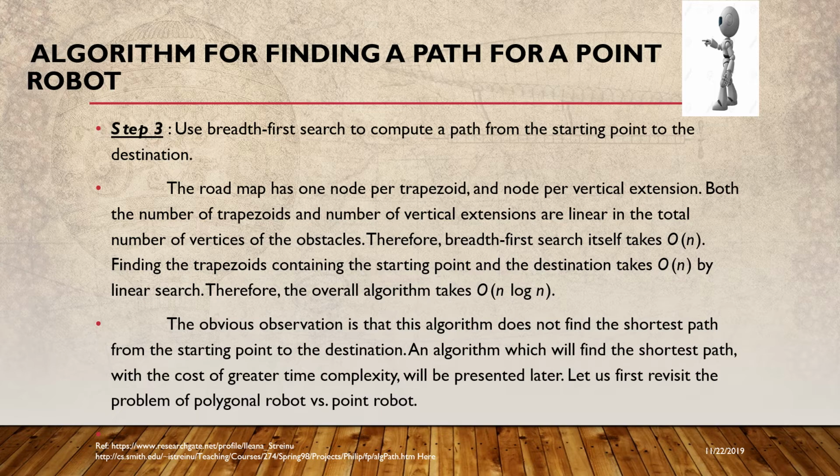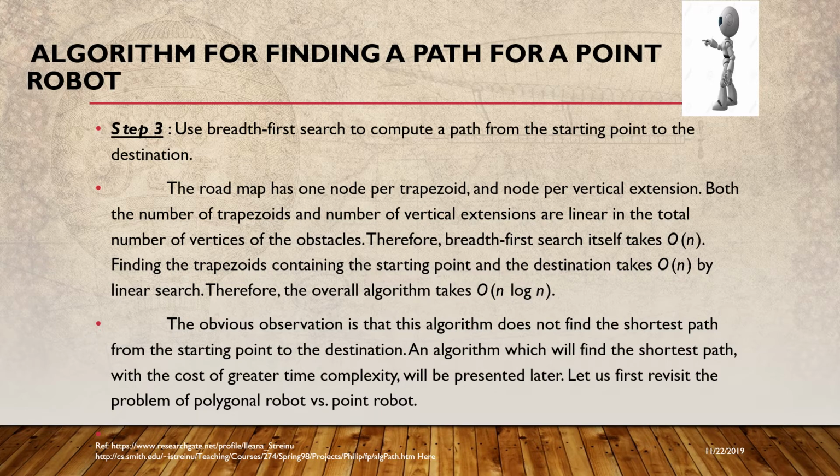Next is step 3. We use breadth first search to compute the path from the starting point to the destination. The road map has one node per trapezoid and one node per vertical extension.